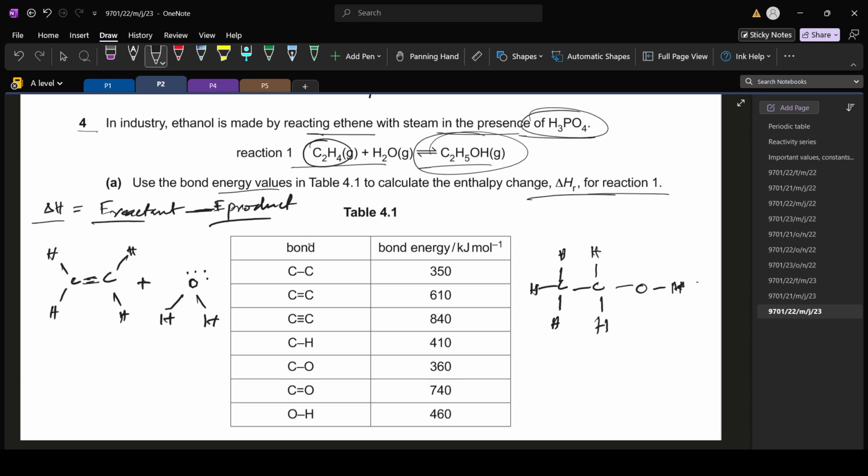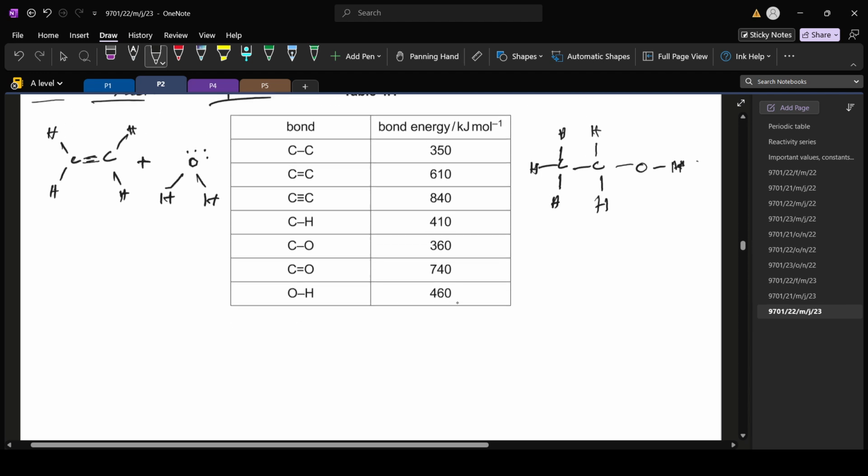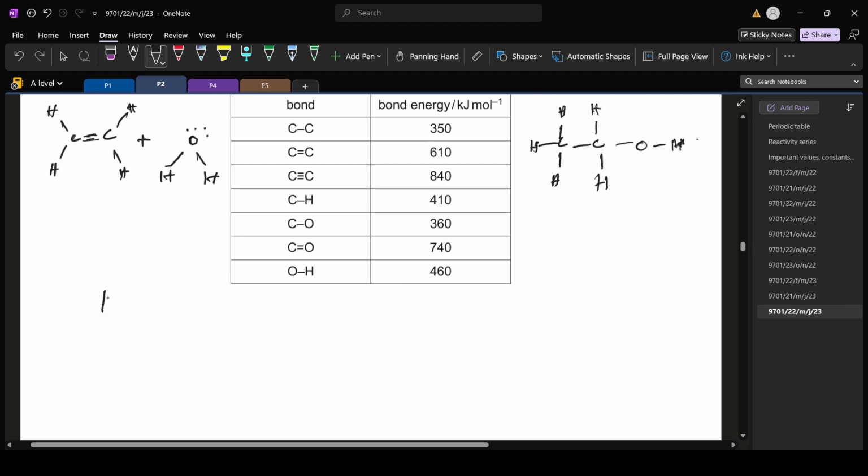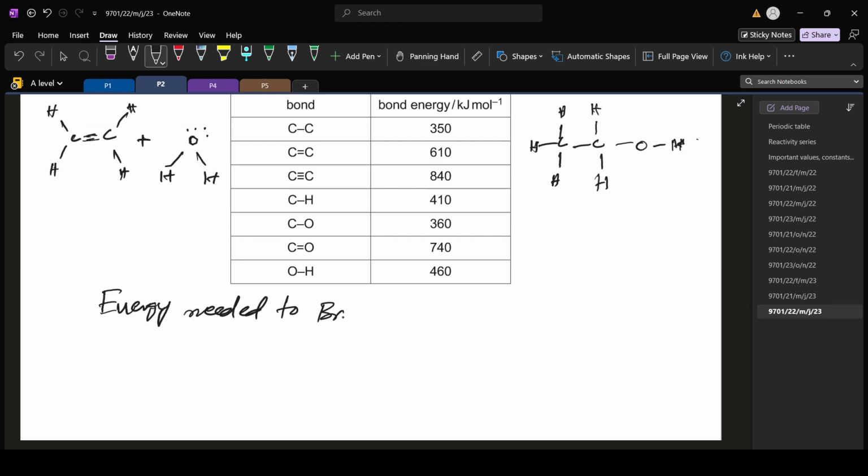Okay, so now let's use the bond energy values in table 4.1 to calculate the enthalpy change. First, let's calculate the energy needed to break bonds, or you can say the energy of reactants.